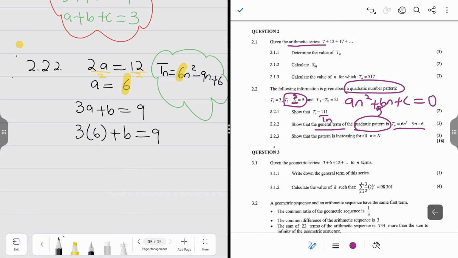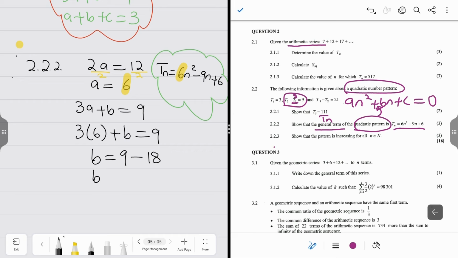If I remain here with b, that will be equal to 9 minus 18, which then makes our b to be what value?